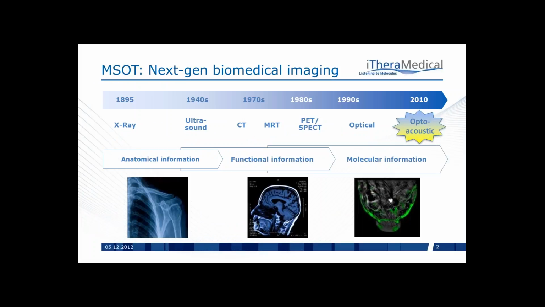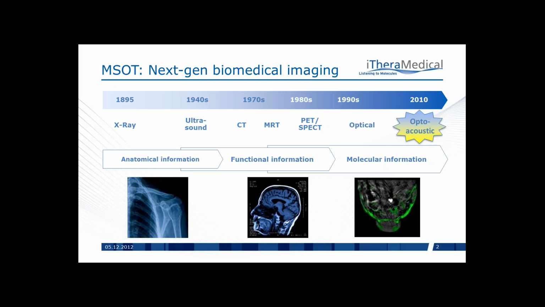Over time, there has been the availability of many different modalities for in vivo imaging. And generally speaking, we've been moving from the ability to gather purely anatomical information with X-ray and also with ultrasound to being able to acquire functional information, also with ultrasound, CT, MR, and PET and SPECT.